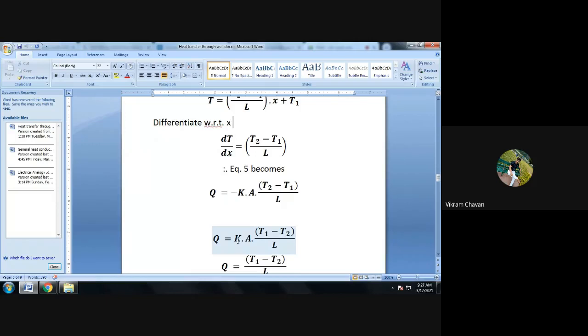So Q is equal to K multiplied by A multiplied by (T1 minus T2) divided by L. Next, we have to rearrange this equation without changing its significance.